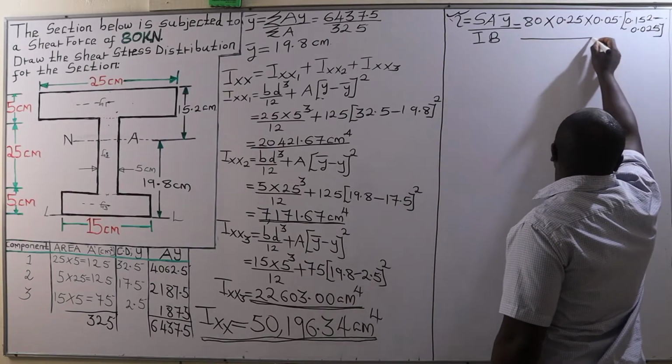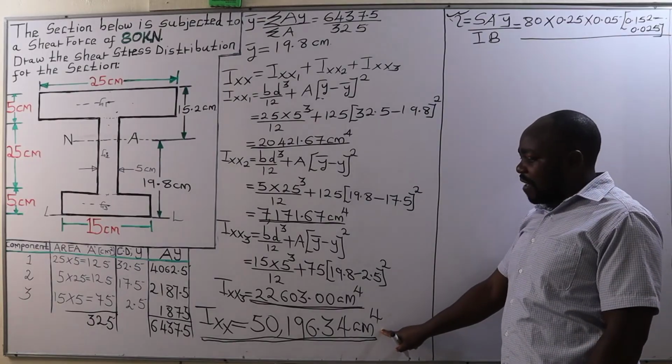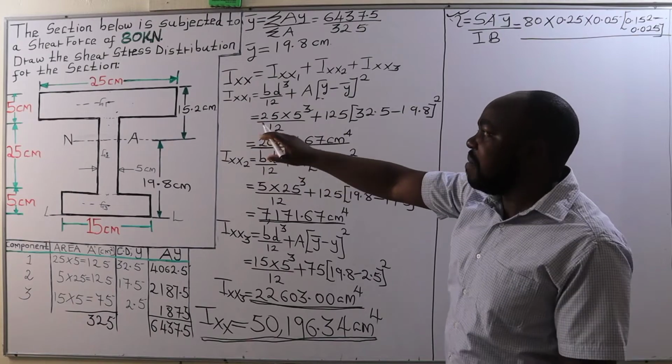Then we divide this by I B. I is the moment of inertia about the neutral axis of the entire I-beam section.